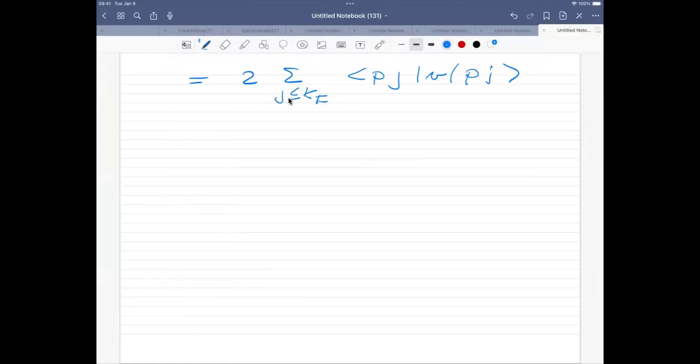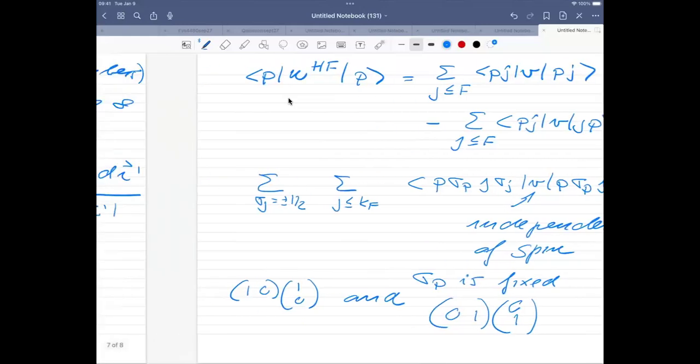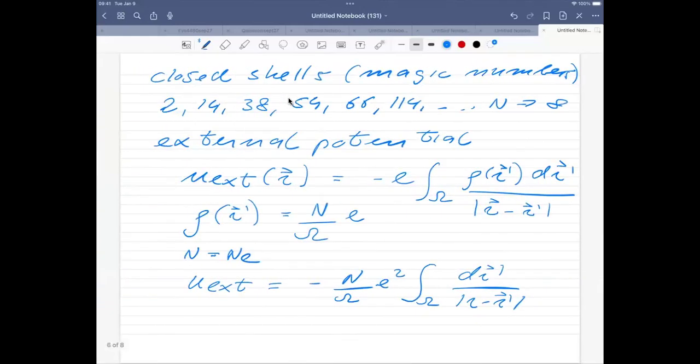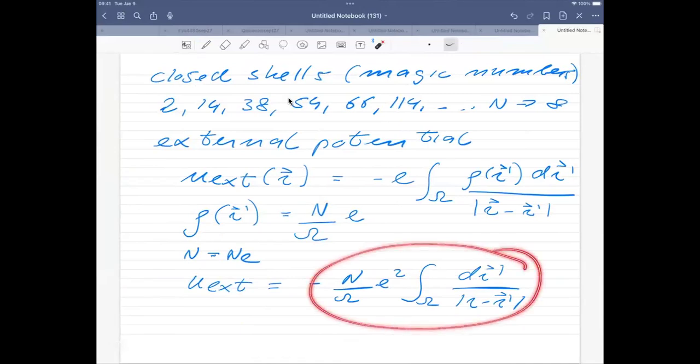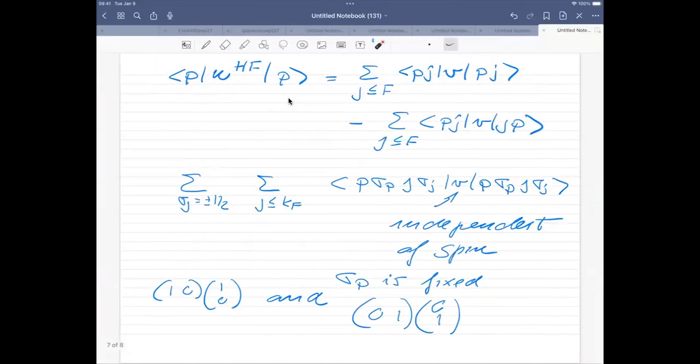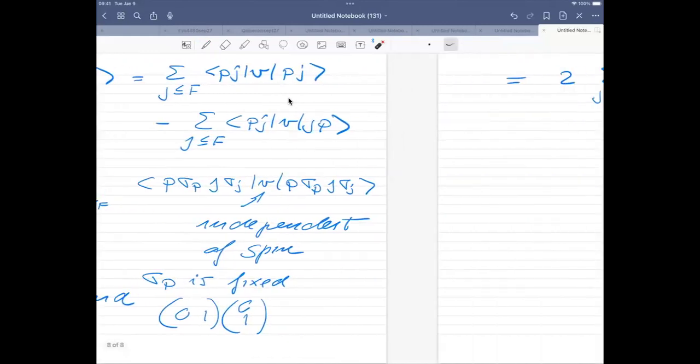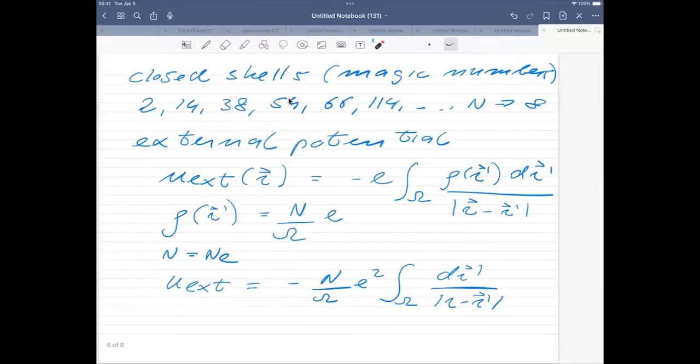This integral here is actually going to give us, and we will see that after the break, a term which is equal to this one, but with an opposite sign. So it means that the direct term is going to cancel the term which comes from the external potential.